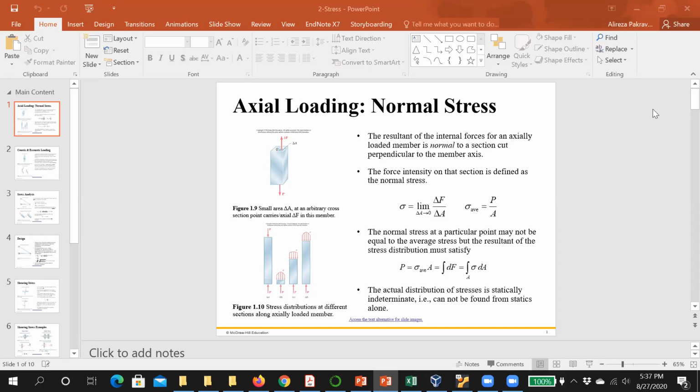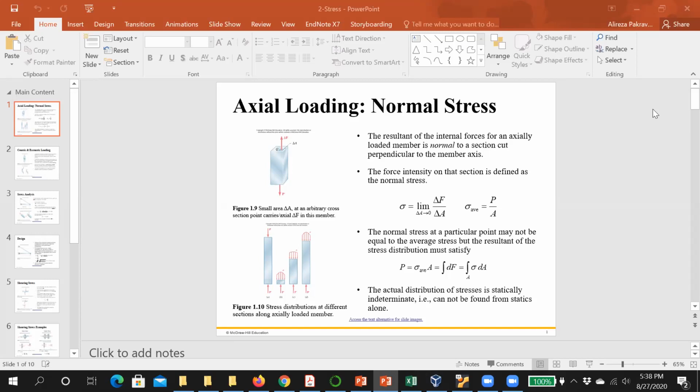If we have a small or weak cross section and the force is huge, that may be a problem; it makes a crack, or a failure. But if you have a strong member with a strong cross section, it can sustain those forces.